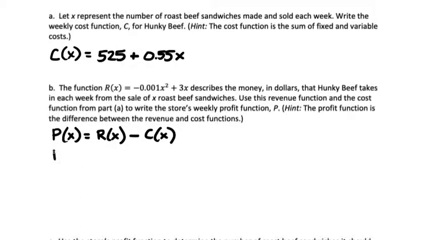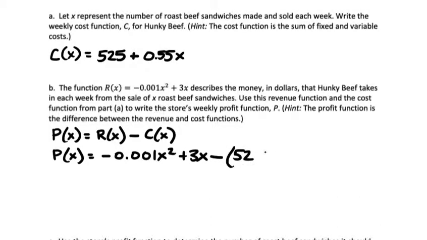So when we are going to calculate the profit function from the revenue and cost functions, we're going to substitute for R of x, our revenue function up here. So this is negative 0.001 x squared plus 3x. And then we're subtracting the cost. And so I'm going to substitute C of x with the cost function that I found in part A, 525 plus 0.55x.